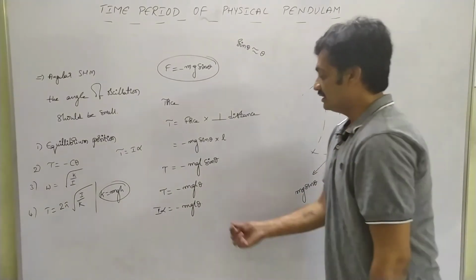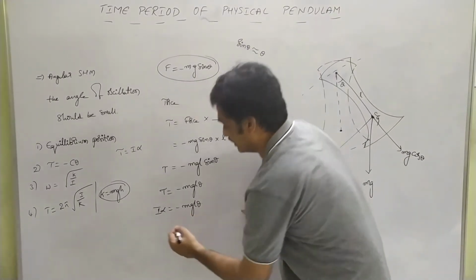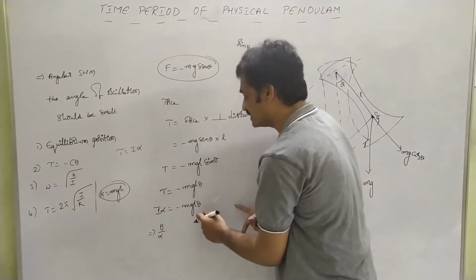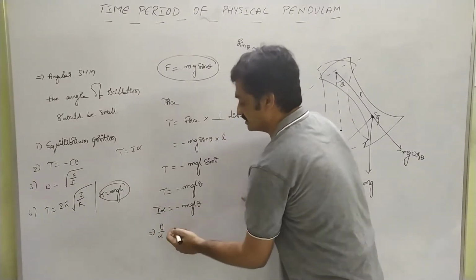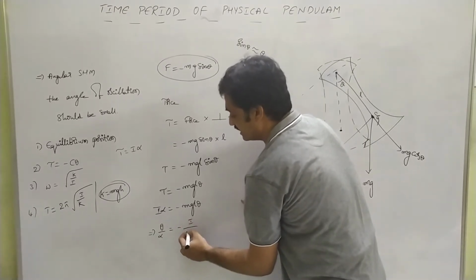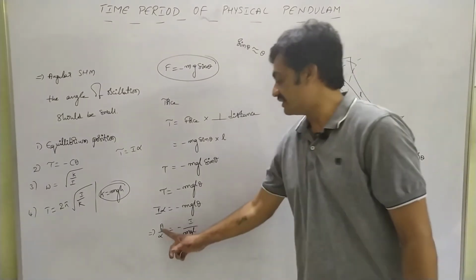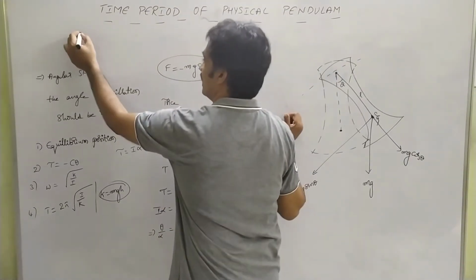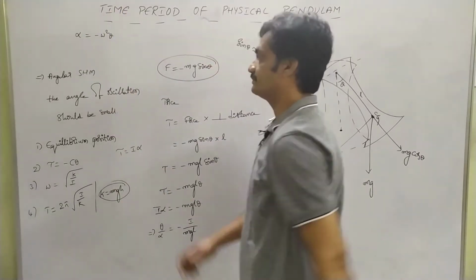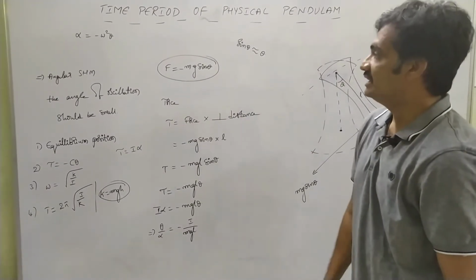Now from this equation, observe that theta by alpha, I am going to bring this alpha towards the left and send this mgl towards the left. Then we get theta by alpha equals minus I by mgl. So we know that alpha equals minus omega square into theta.